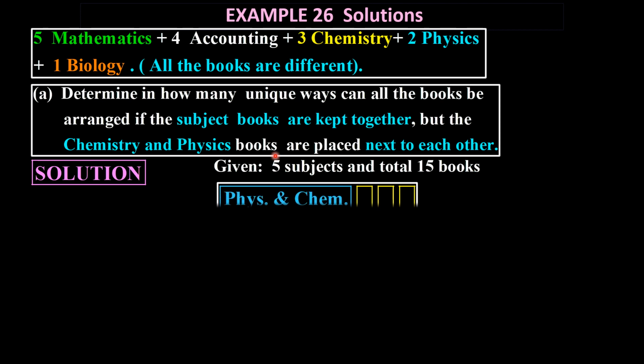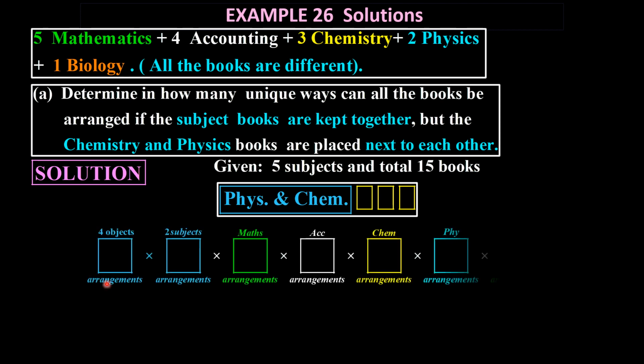So we want to keep the physics and chemistry books together, and then there are 3 other subjects. There are 5 subjects. 1, 2, 3, 4, 5. So there's the 3 subjects, and that makes 5. So this is actually 1, 2, 3, 4 objects that need to be moved around.